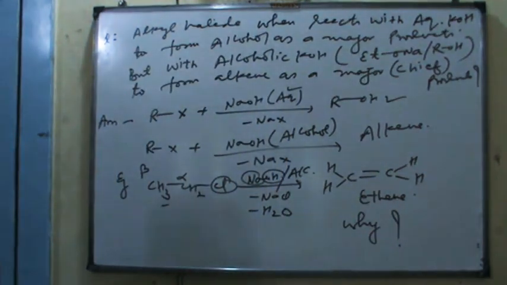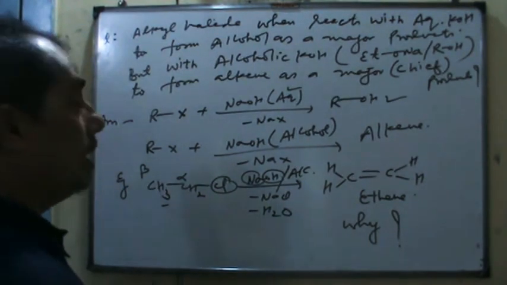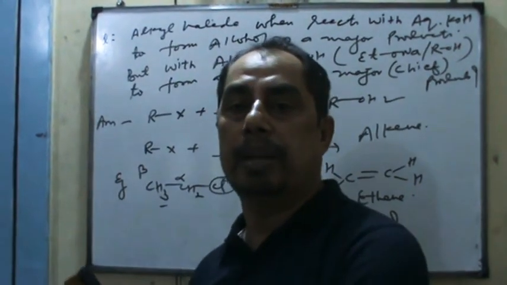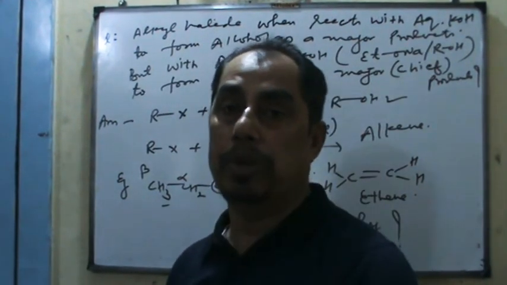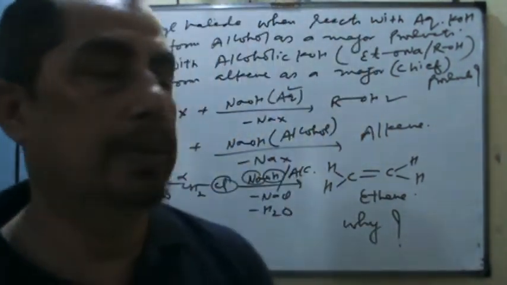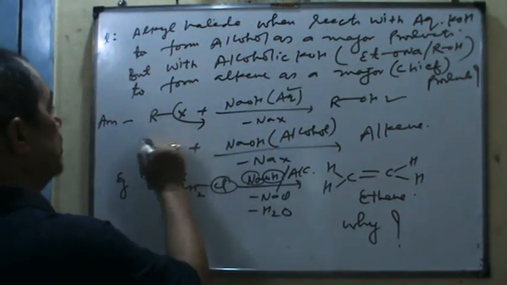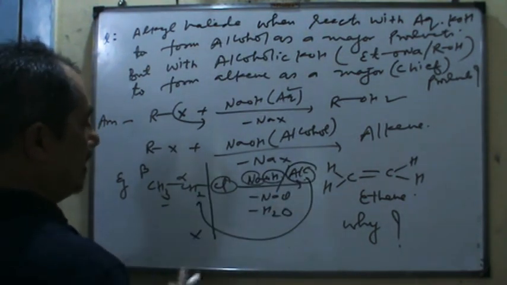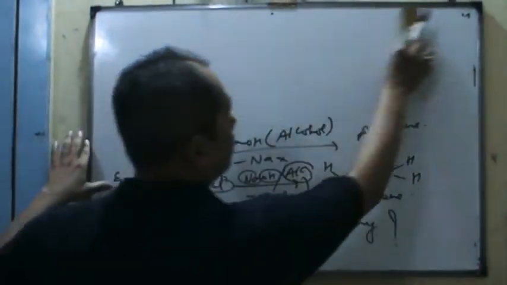Why does it happen like this? Anybody can explain? The haloalkane, whenever made to react with aqueous NaOH or KOH, forms alcohol as a major product, but in presence of alcoholic NaOH or KOH, forms alkene as a major or chief product. Reason behind is very simple. Water acts as a stronger polar solvent that gives the complete cleavage. But alcohol is a poor polar solvent, it cannot give the complete cleavage. So in that case, water is lost here.